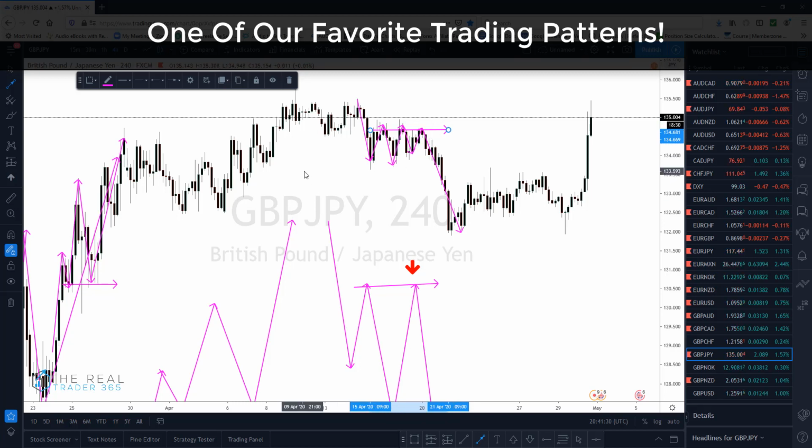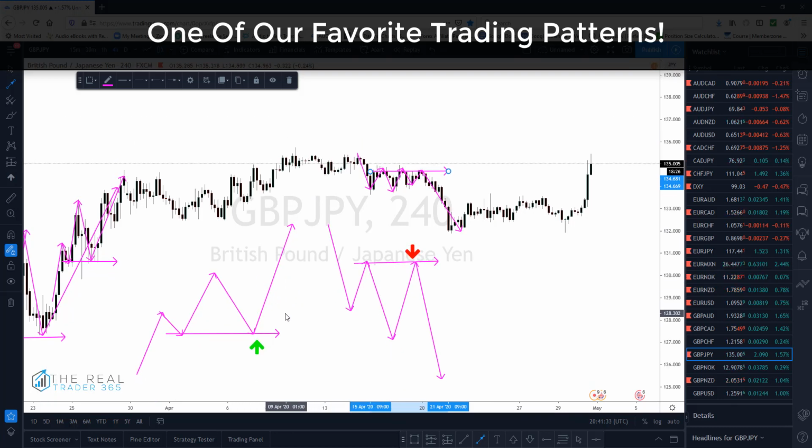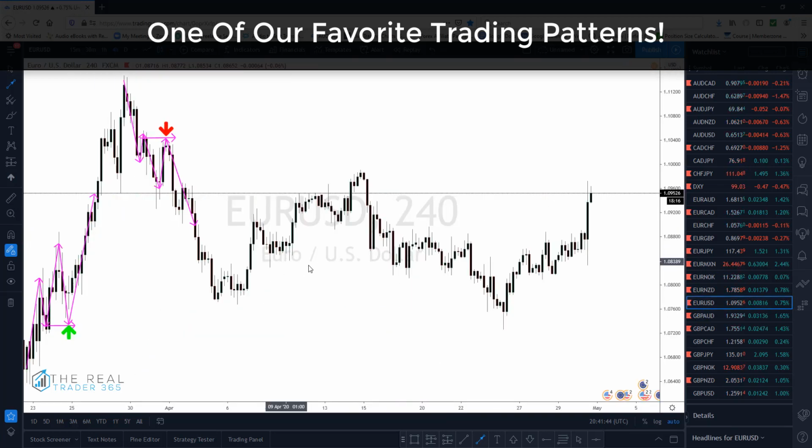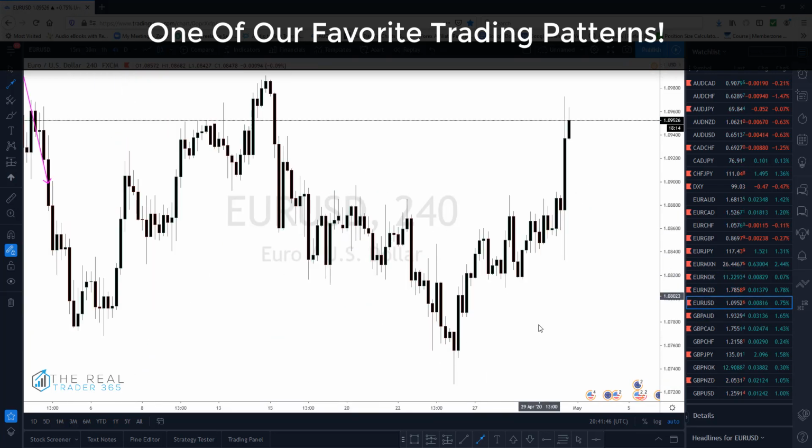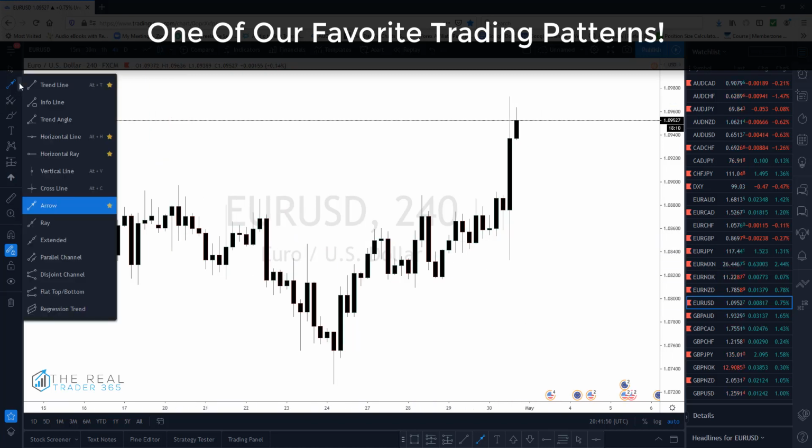And if you are patient enough to wait for this pattern or this setup, this can give you a very good trading opportunity. This happens on a lot of time frames. Yesterday when we were sharing the pattern, I believe it was on the Euro US dollar. Even this morning, or today's trades, what did we have?